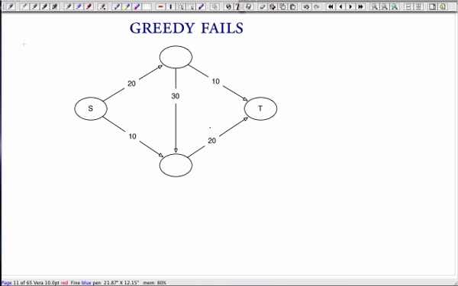So for example, in this graph, what is the path that allows you to push the most flow? Here, I'll make it easy for you to tell me the answer.